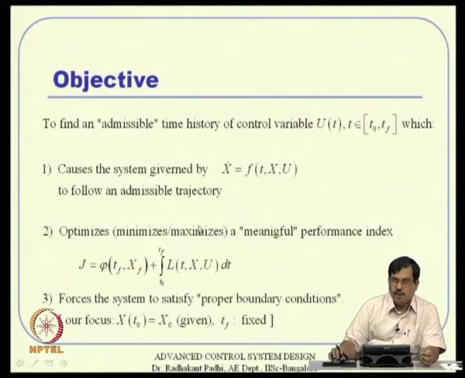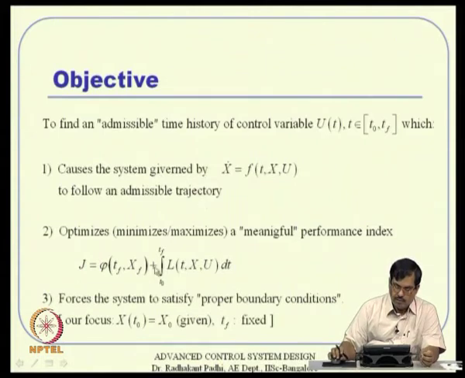While it does that, it also needs to optimize a certain cost function, and that has to be meaningful. Many times it is called the performance index; some people call it the cost function also. Either we want to minimize it or maximize it while finding this admissible trajectory.